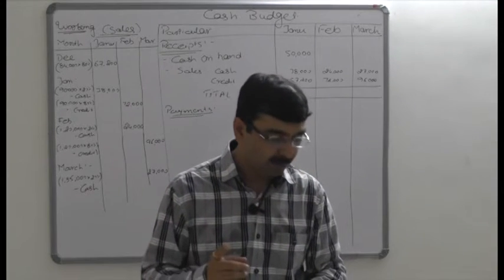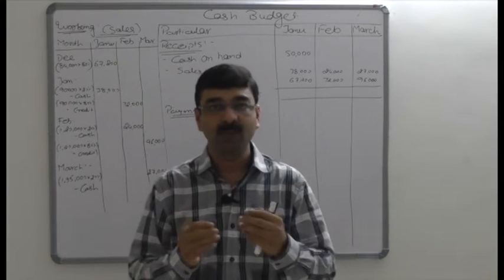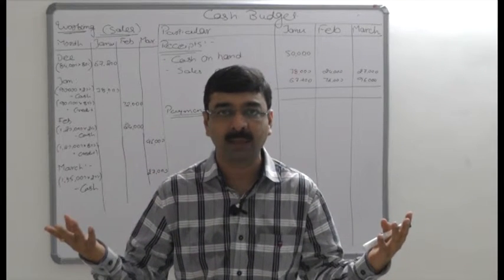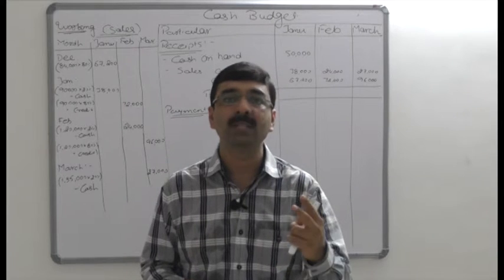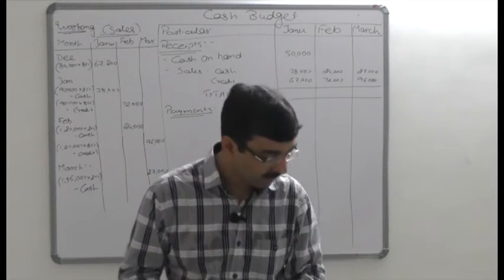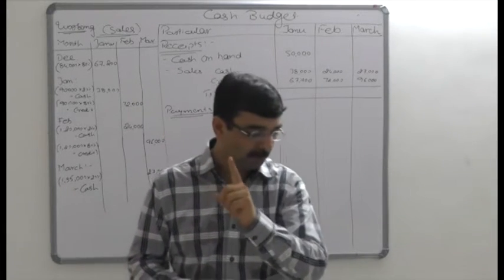That is the period of credit allowed by suppliers, 2 months. It means that when you make any credit purchase, the credit purchase is considered a 2 months credit, and that credit purchase will be paid after 2 months. So here the purchases are given from the month of November to March.